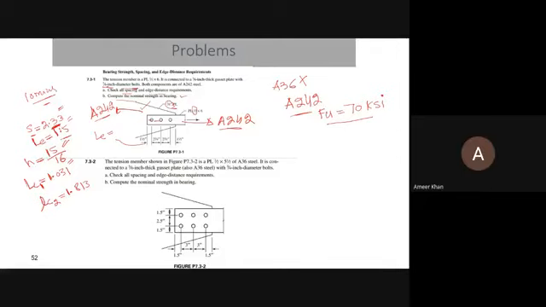Sir, 2.625. Actually, 2/3 into 3 comes out to be 2.67, and if you multiply it with 7/8, it should be 2.33. Yes, sir, 2.33. Sorry.